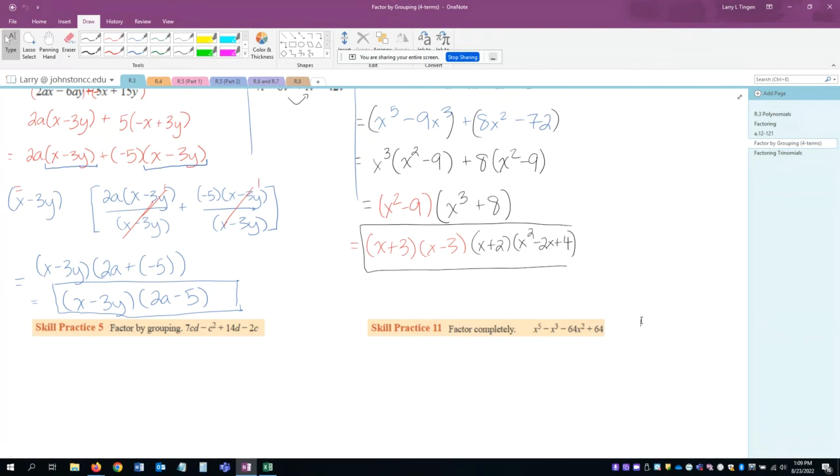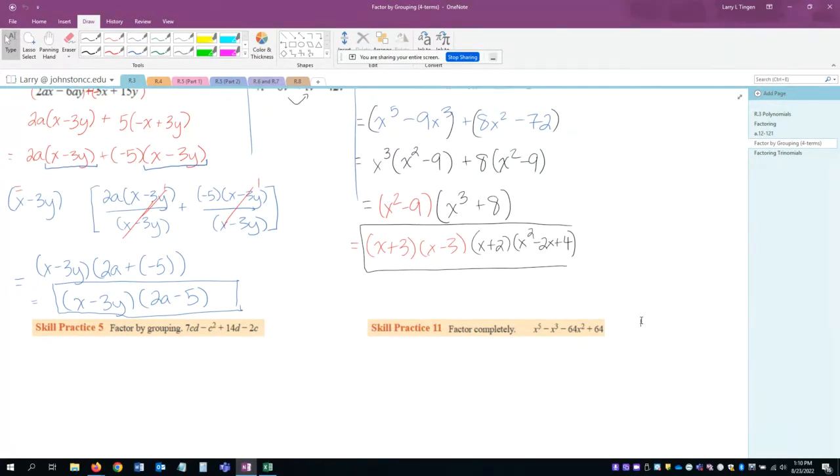All right, so now we are behind. So what I'm going to do is I've got the lecture, I've got all my notes posted, or at least copied over through the end of this chapter, the review chapter. So the skill questions and anything that is practice on here for y'all, I'm going to leave blank for y'all to do.